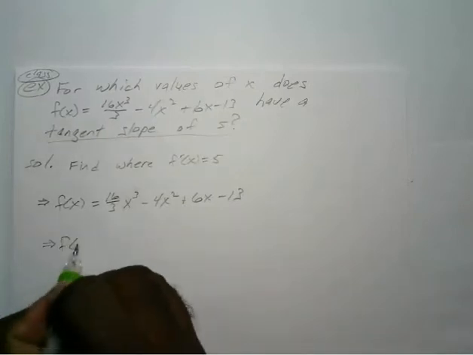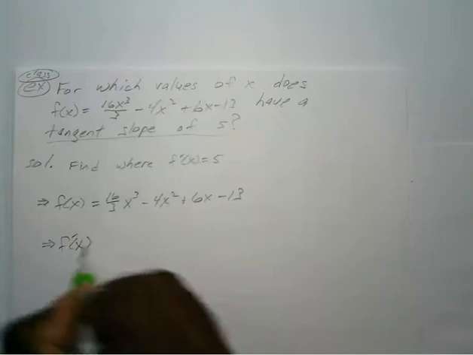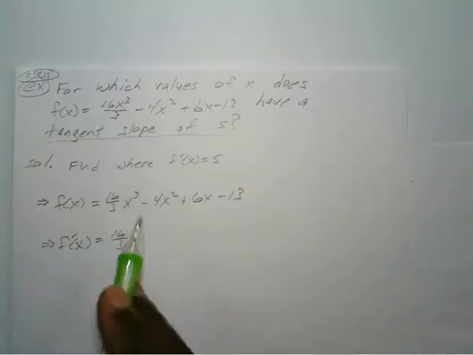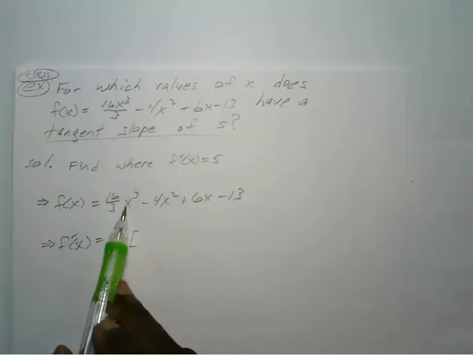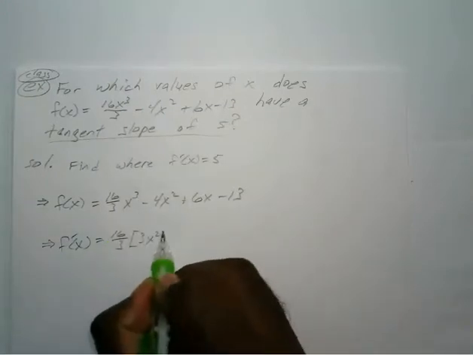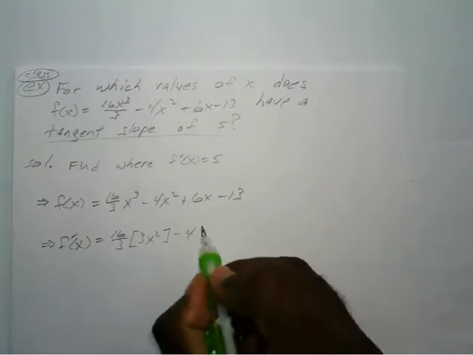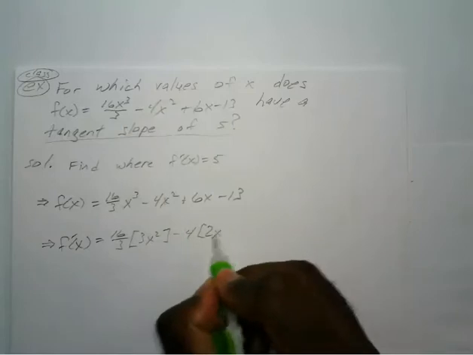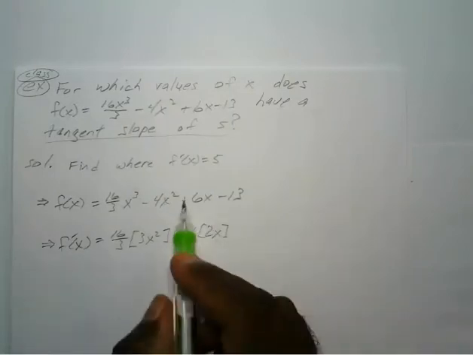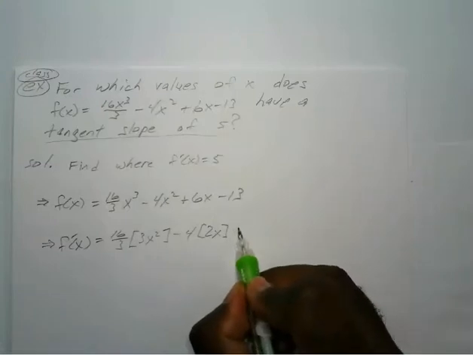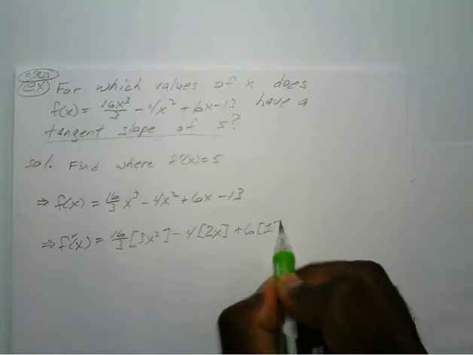Alright, so we have f prime of x is equal to 16 over 3 times the derivative of x to the third. So we bring down the 3 and subtract 1, so that's 3x squared, minus 4 times the derivative of x squared. Bring down the 2, so that's 2x, plus the derivative of 6x, or derivative of x, so plus 6 times 1.